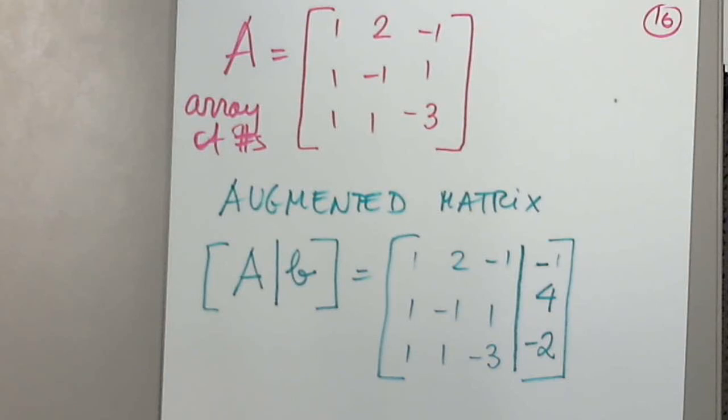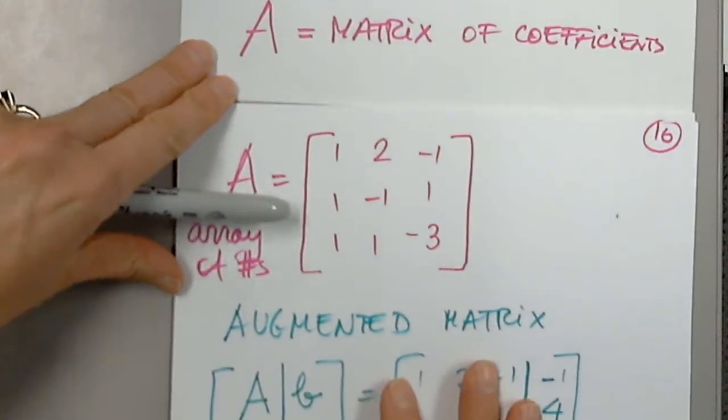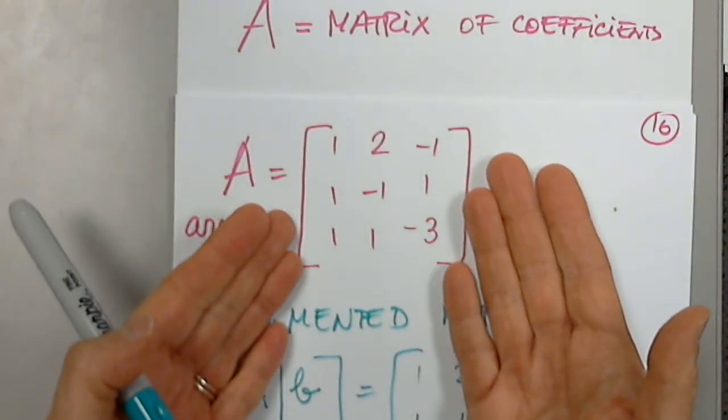Okay, let's stop for a moment and discuss what we just did. We were given a system. It's a 3 by 3 system. It was not arranged in the proper order. We rearranged it. Step number 2, we created the matrix of coefficients. The matrix of coefficients is this.